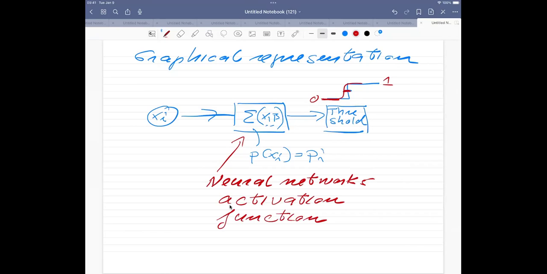And this is very much inspired by neuroscience, where you have neurons. That's the reason why we call these neural networks. So you send in a signal, and then depending on the value of this function sigma, which depends on the input x and also some parameters, depending on the values which it outputs, you then decide whether this is 0 or 1.